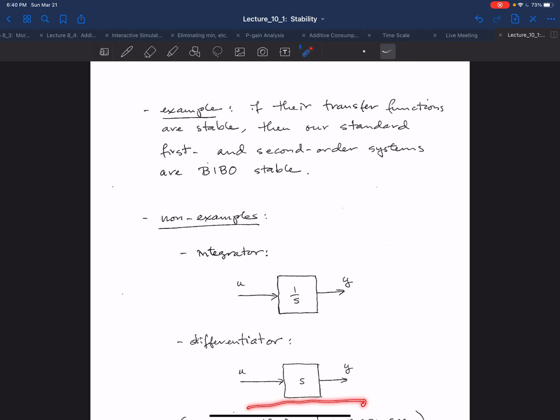Well, in this case, you can probably also think of an example of a bounded input u that gives rise to an unbounded output y. In fact, in this case, you can use the same example. If you feed a step into a differentiator, well, strictly speaking, a step isn't differentiable.